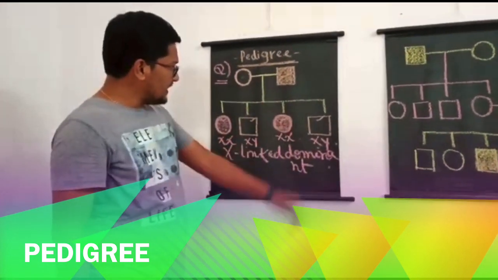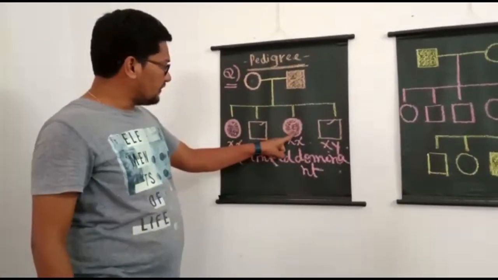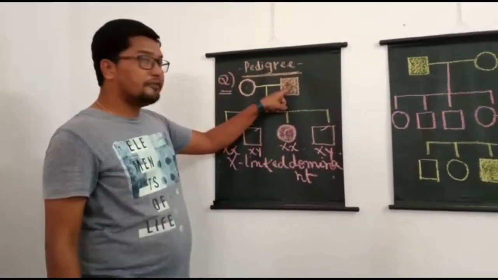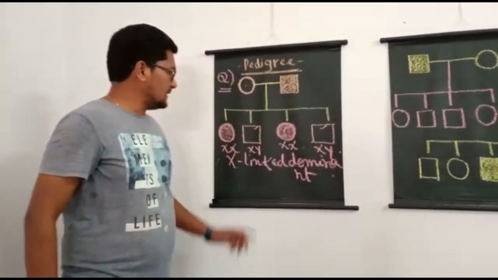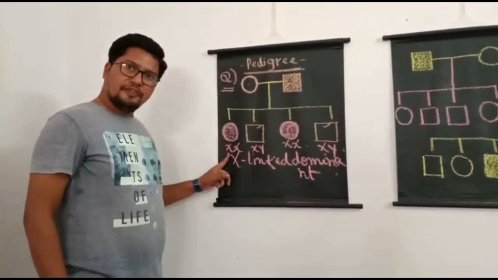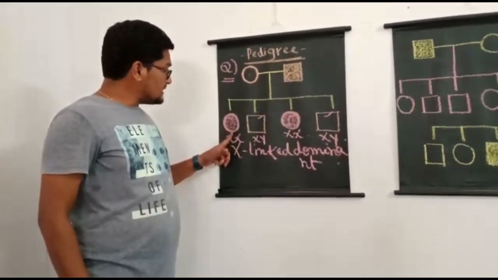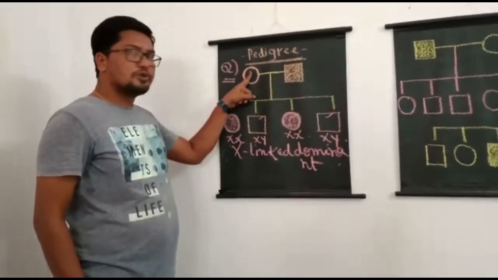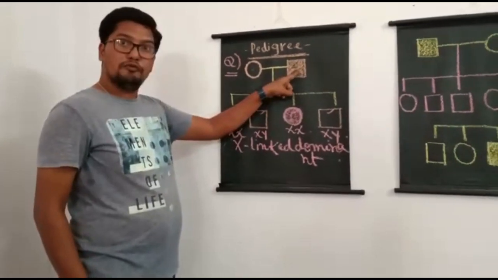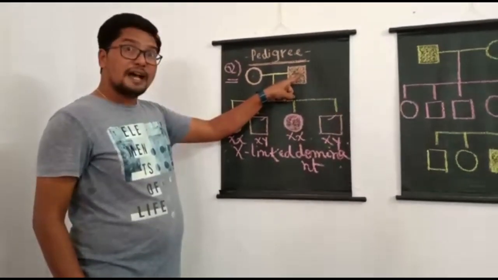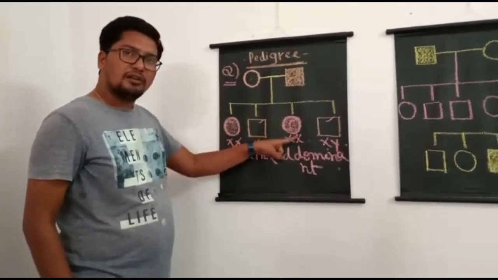So with this it is very clear, when the male was affected, it means these 2 females had an affected father. And you know, at the time of inheritance, a female has 2 copies of X chromosomes. So a female receives 1 copy of X chromosome from mother and another copy of X chromosome from father. So father was affected, that's why both of the female children are affected.